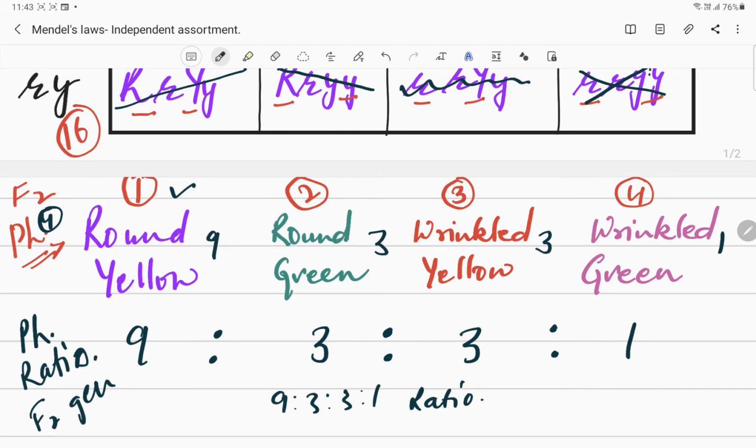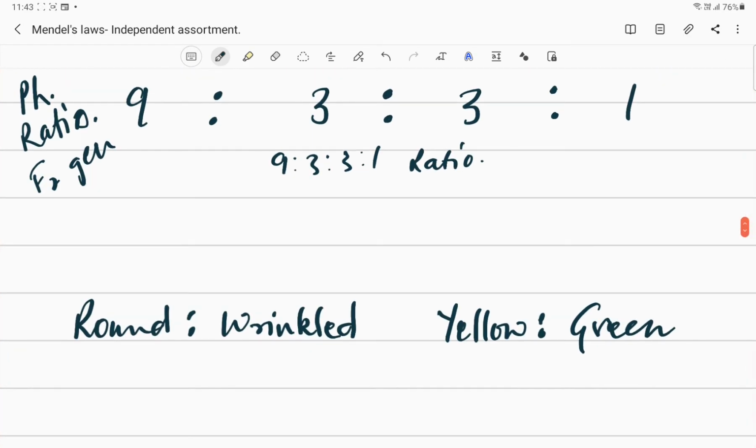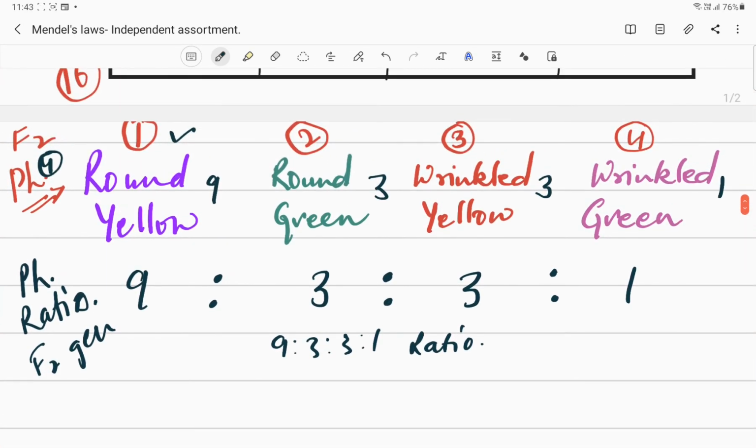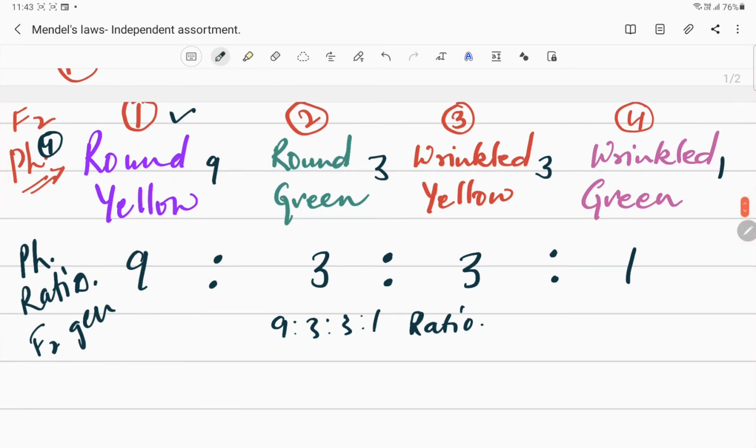So now, what Mendel did, he moved a step ahead and he asked, what is this number? Does it make any sense? Does it have any particular meaning? So what Mendel did was choose the same trait for comparison.